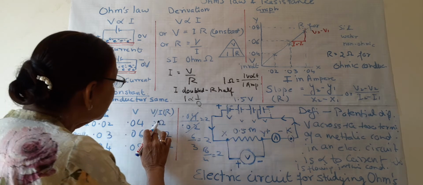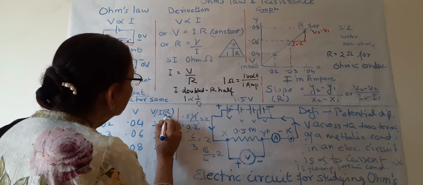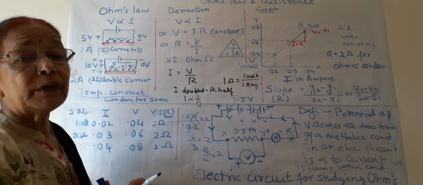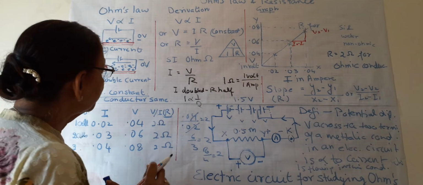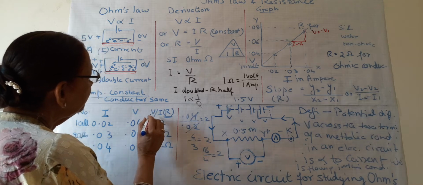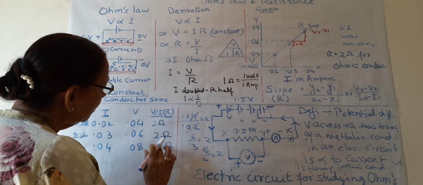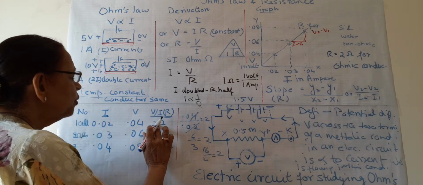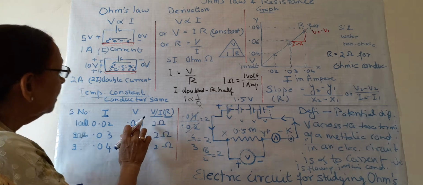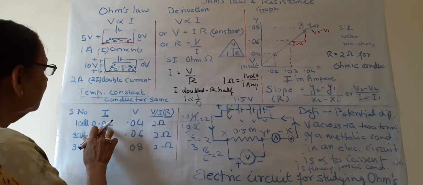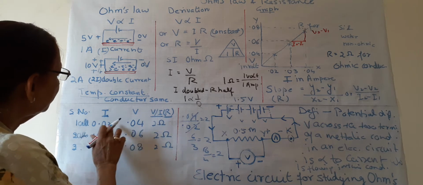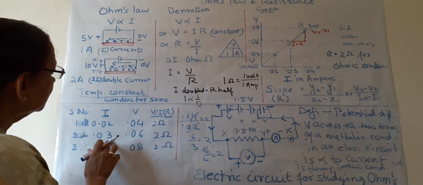And this constant we call resistance. Now the word resistance comes into the picture, and every time the V by I ratio in all the cases is 2. That is, if V is doubled, I is also doubled.